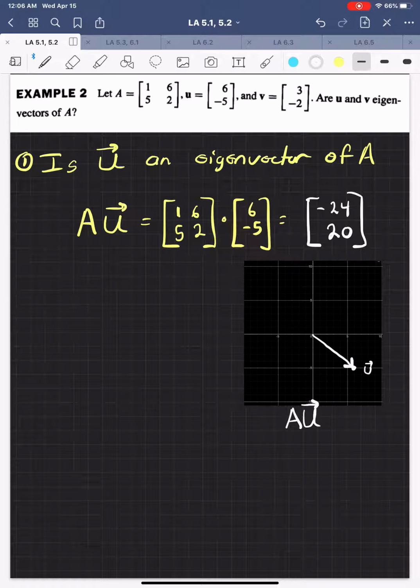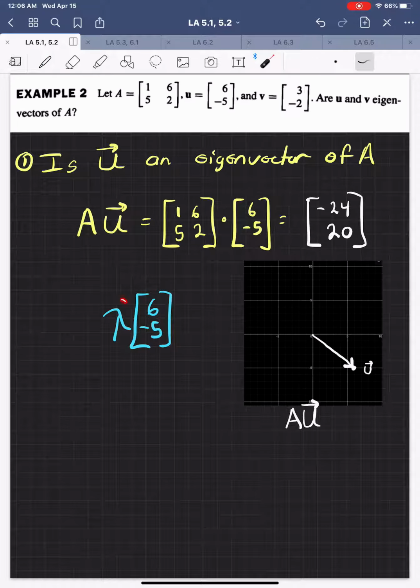Ready? So let's see if you can follow me here. So 6, negative 5, and then we have some type of lambda here. The question is, is there a scalar out there that if I distribute to that vector, I will get negative 24, 20?